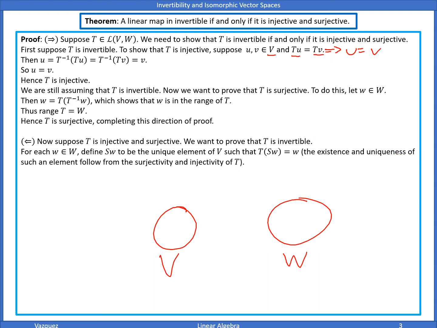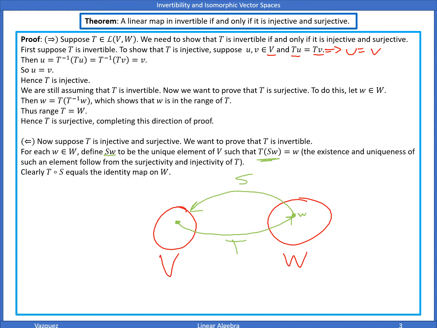For each W in W, define S sub W. So S sub W maps W to V, the unique element of V such that T of that element is equal to W. So then this maps it to that element, and this is T. That's what that line's saying.